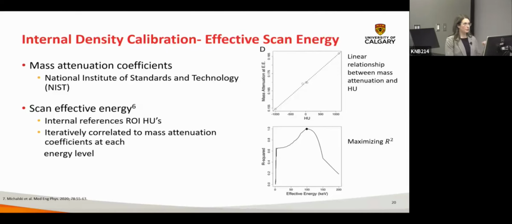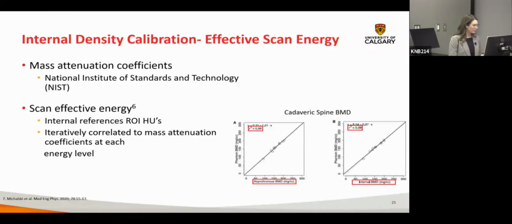Then it's iteratively put through to estimate the effective energy. So it's iteratively correlating the internal reference ROIs' Hounsfield units and the corresponding mass attenuation coefficients at each energy level, trying to maximize the R squared value. That's how we get the effective energies and are then able to do the calibration.